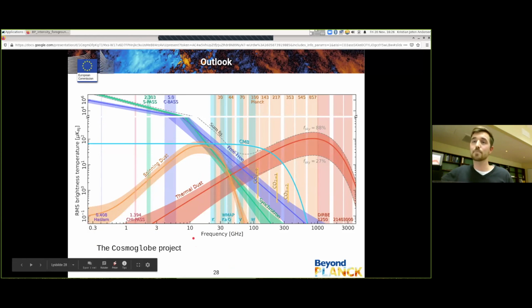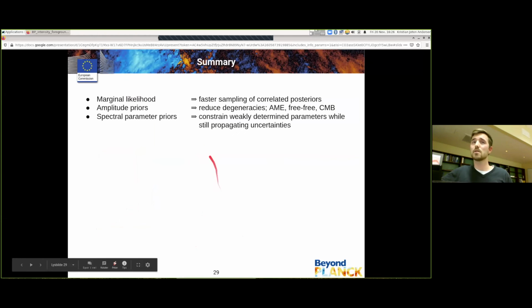So to summarize, we have included a marginal likelihood sampler in order to allow for faster sampling between correlated posteriors. We have also included amplitude priors because we need to reduce the degeneracies between the AME, free-free, and CMB components.